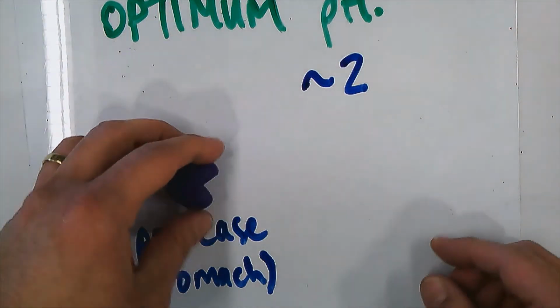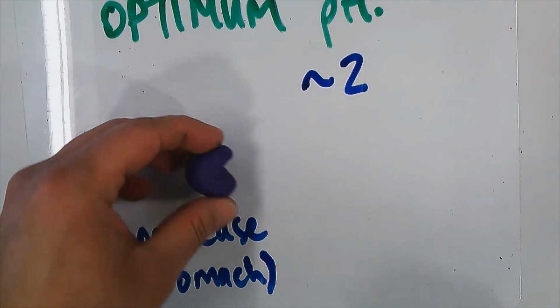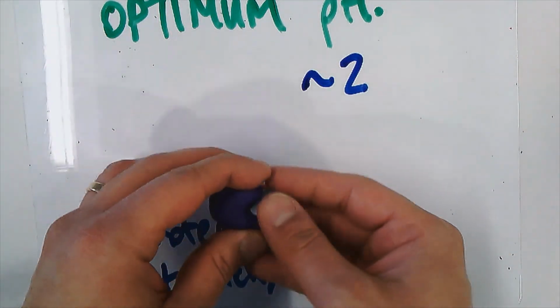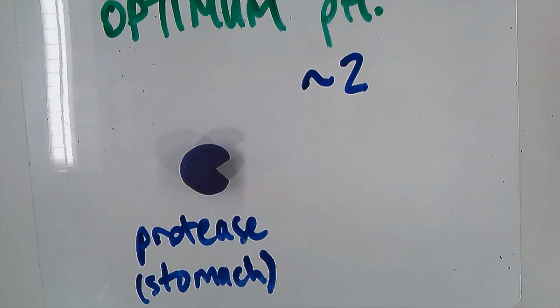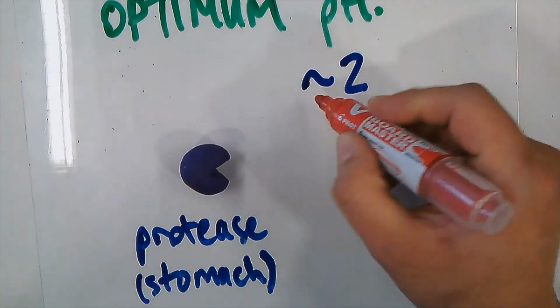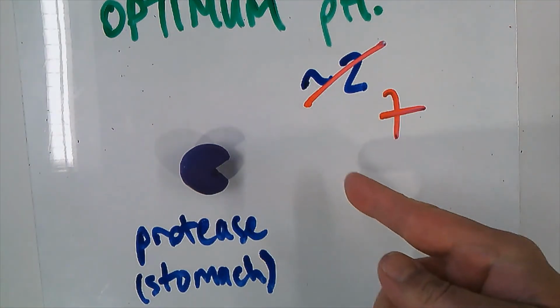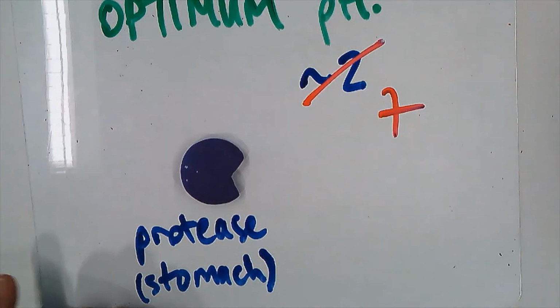At 2, the enzyme is shaped beautifully, the substrate fits beautifully, and the enzyme can do its thing and break it down. If, however, the pH changes and becomes 7, what happens to the enzyme? It gets denatured.